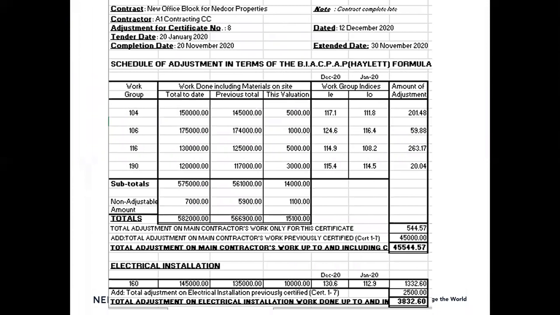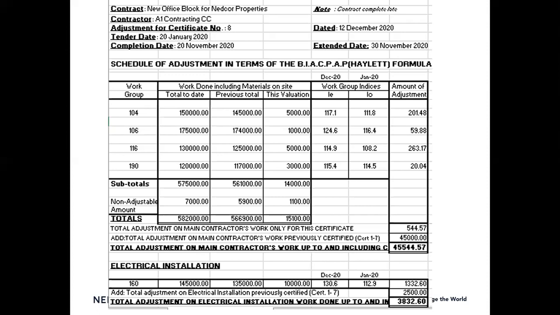So although we discuss escalation now as an isolated component, it will be part and parcel of a payment certificate. Obviously, in this case, the project is subject to escalation, so we need to determine the escalation for that specific month. So we are preparing the adjustment for certificate number 8. In other words, that's the valuation payment certificate number 8.